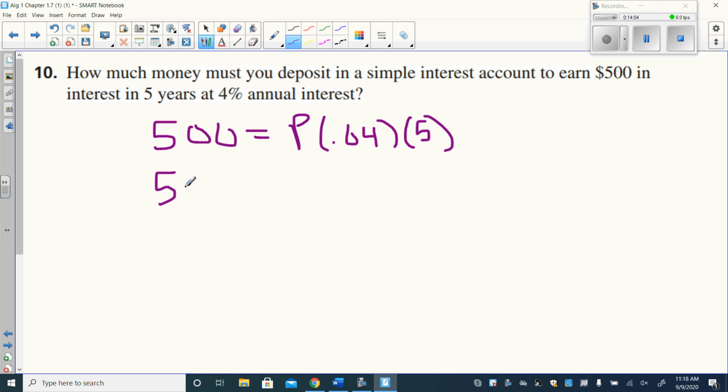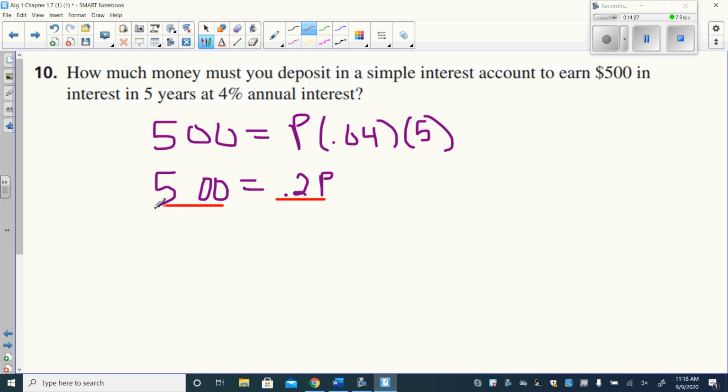Now the next step would be to simplify the right-hand side. So we can do 0.04 times 5. And if you type that into a calculator, you will get 0.2. I'll double check it in a calculator. 0.04 times 5 is 0.2.